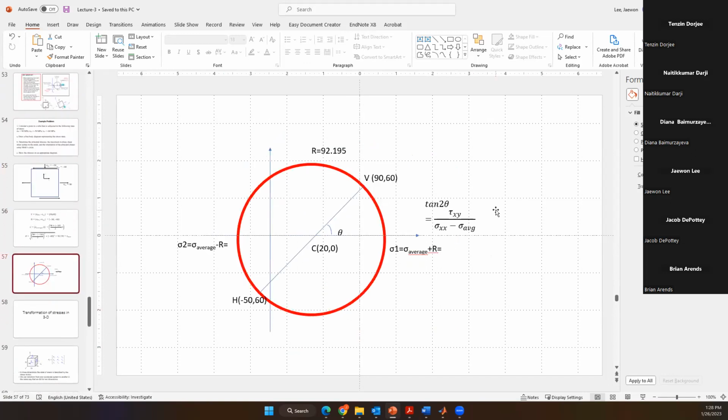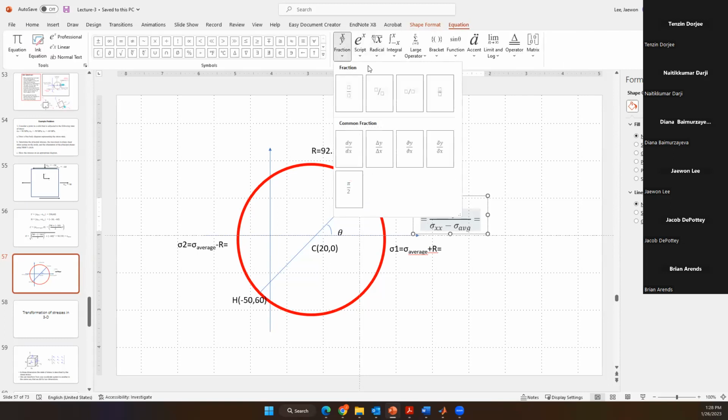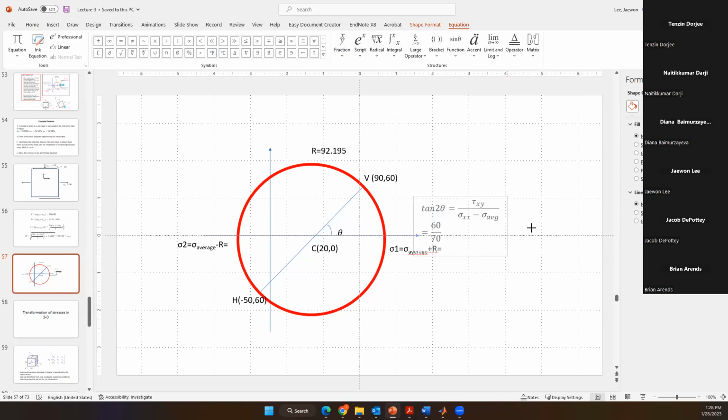So it is 60, I think. And then sigma 1 is 70.